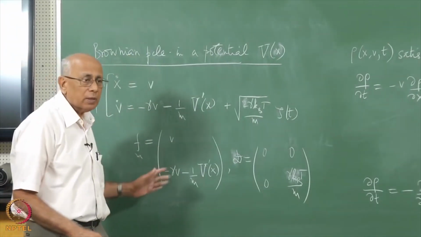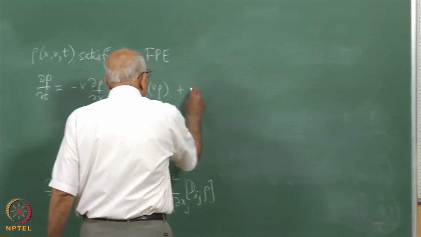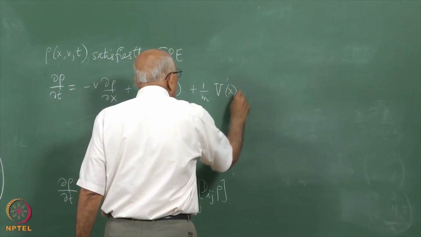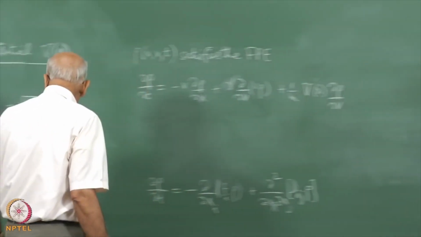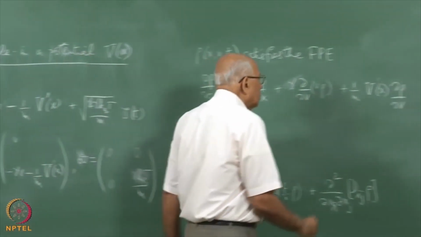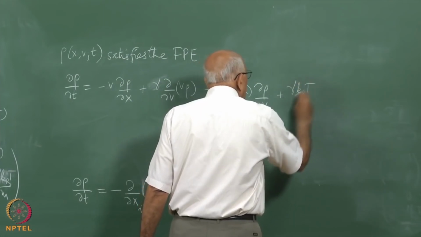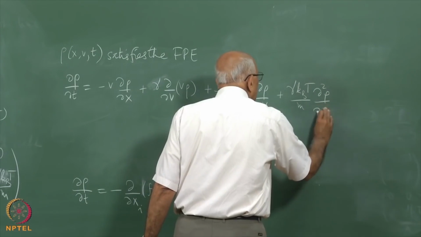So V prime of x comes out, that term sits there, and then finally there is only one diffusion term here, which is plus gamma k Boltzmann T over m d2 rho over dv2.